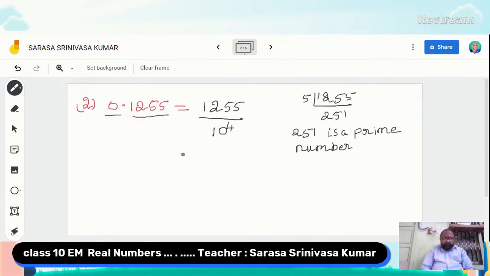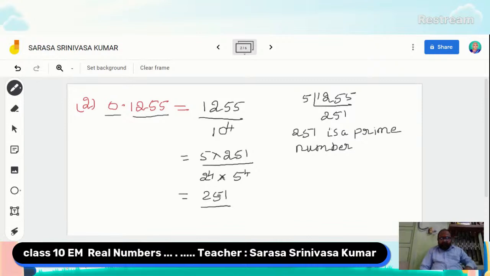So we can write this as 5 multiplied by 251 divided by 2 power 4 multiplied by 5 power 4. This is equal to 251 divided by 2 power 4 multiplied by 5. We can write this.